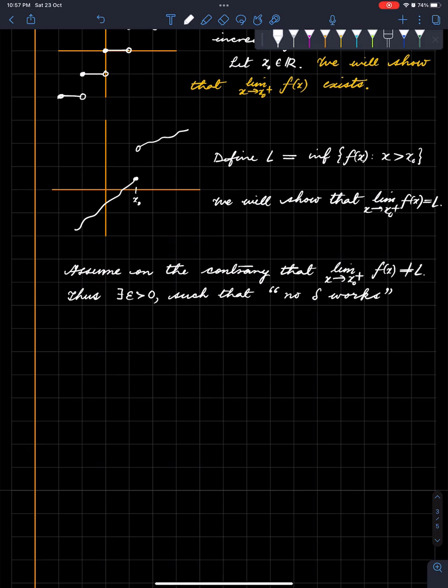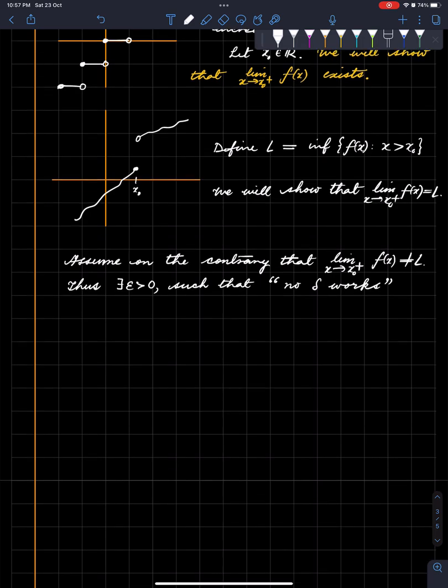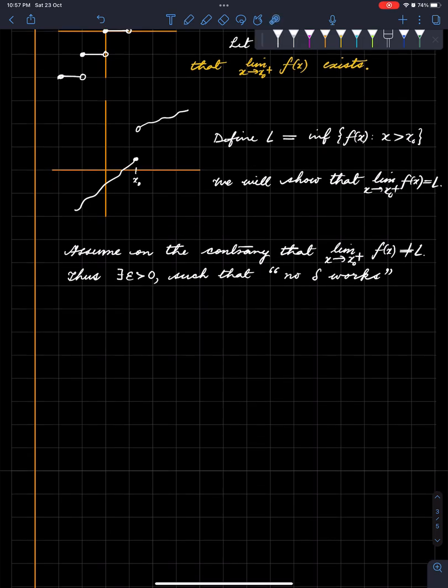So what does this mean, that no delta works? This is informal, but formally, or rather in particular, if you choose delta equals 1 by 100, that does not work, meaning there is a point between x0 and x0 plus 1 by 100 where if you take the value of the function, it deviates by at least epsilon from L. That's what it means that 1 by 100 does not work. Similarly, 1 by 101 does not work, 1 by 102 does not work, and so on.